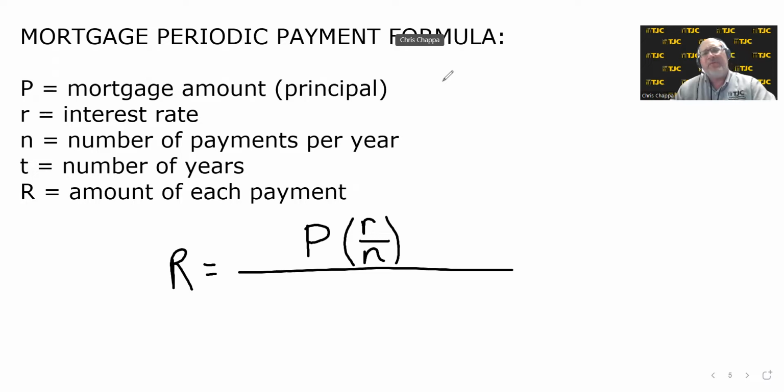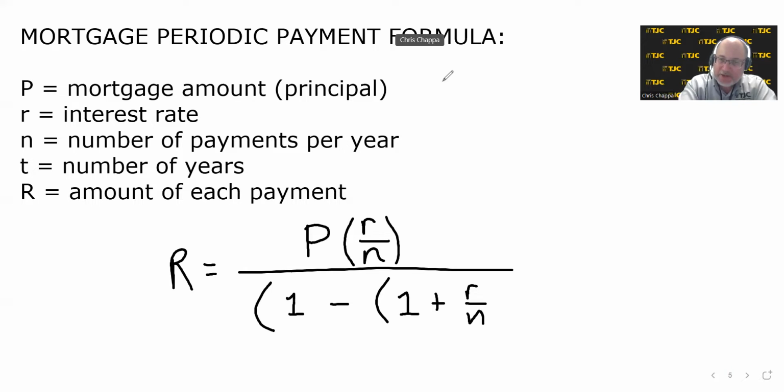And you'll notice there are some very strong similarities between the structure of this formula and some of our annuity formulas. But in the denominator, things get a little bit different. Open parentheses, the number 1 minus another open parentheses, and inside that parentheses is 1 plus r over N. You see that expression quite a bit in compound interest, annuities, and mortgage formulas.